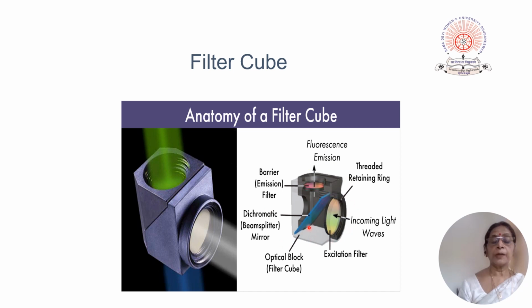Inside this optical block, there is dichromatic mirror, there is barrier filter, and there is provision for the entry of the incoming light waves. So it is a single unit that houses all the types of filters.